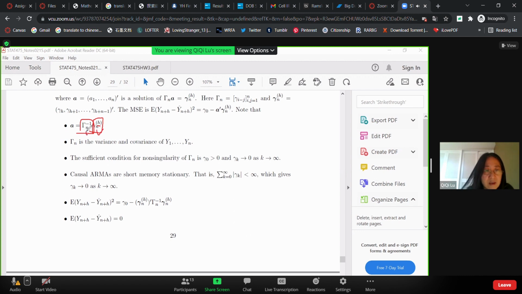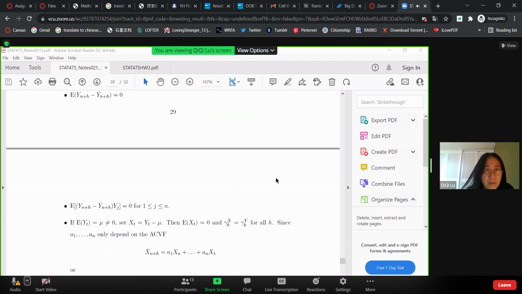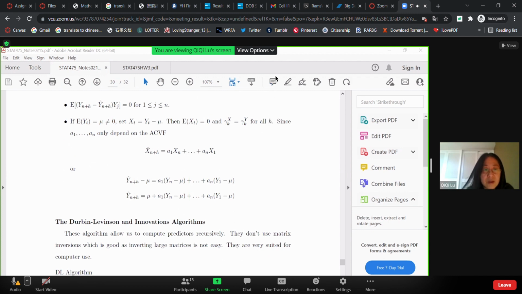The vector and the matrix all just include the ACVF. So the coefficient only depends on the ACVF.